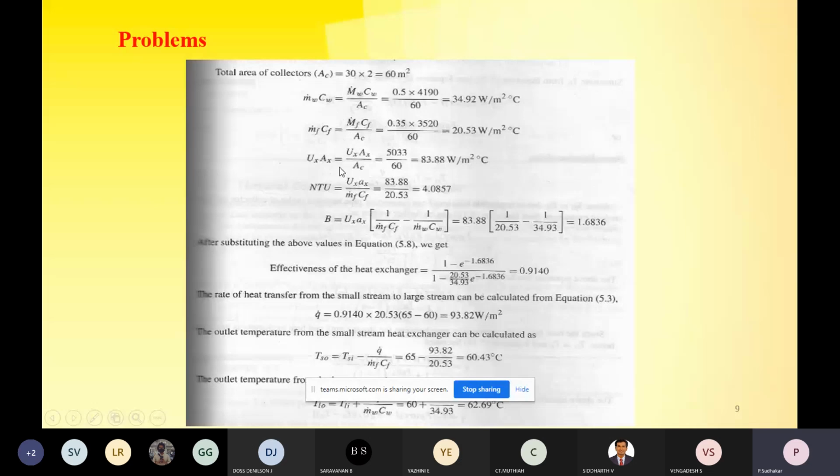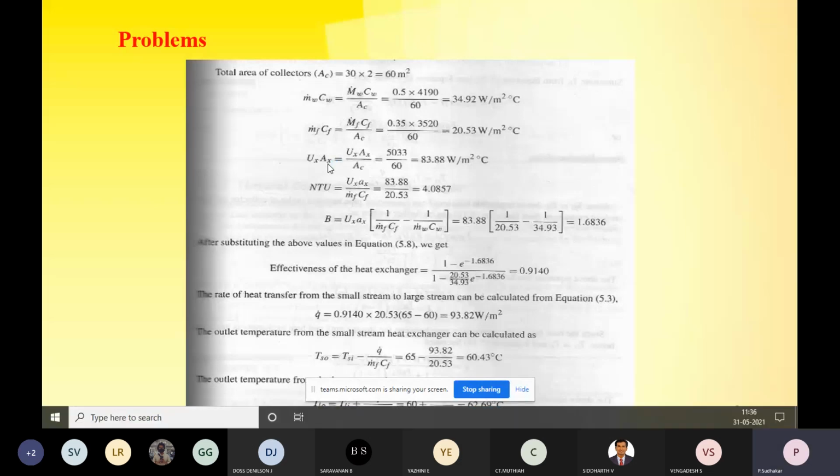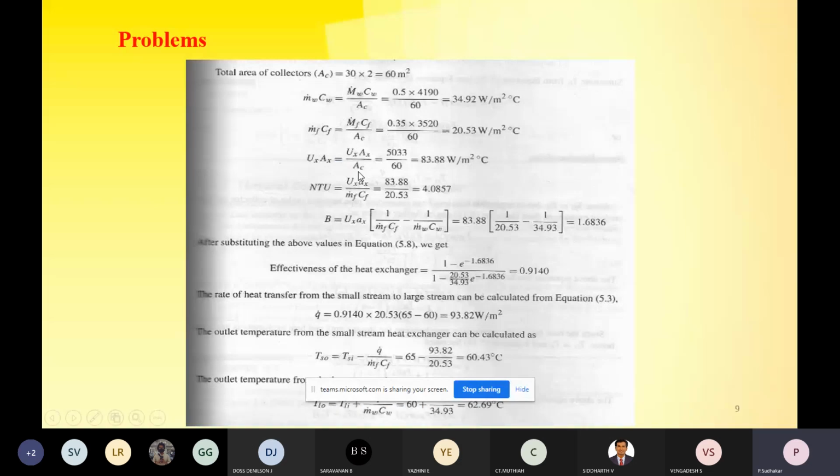So next we have to find UXAX. When you calculate UXAX in terms of the area of the collector, we have to divide it by the area of the collector. UXAX is given as 5033, divided by area 60. So we get 83.88 watt per meter square degree centigrade.